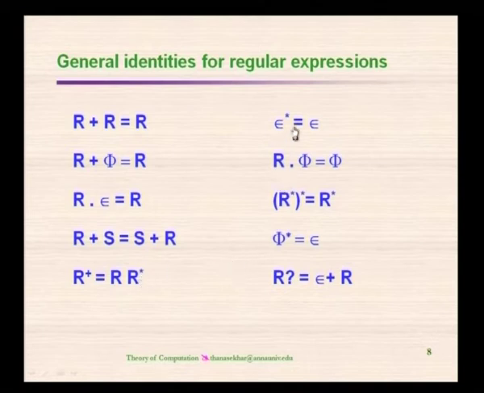Then if you have any number of times epsilon, it is equivalent to one epsilon, and if you have the concatenation of R with pi, then what we have is going to be pi. Because if it is a concatenation, you recognize a string from the first part of your regular expression followed by a string from the second part.